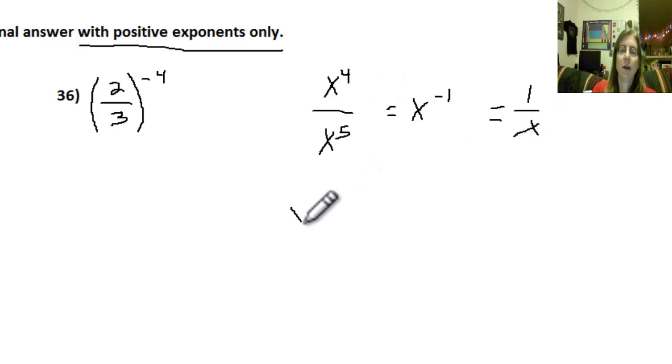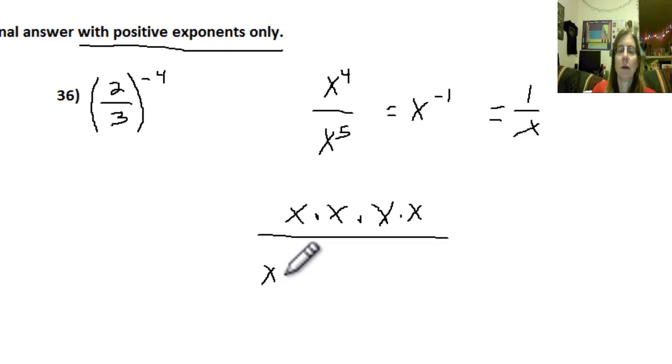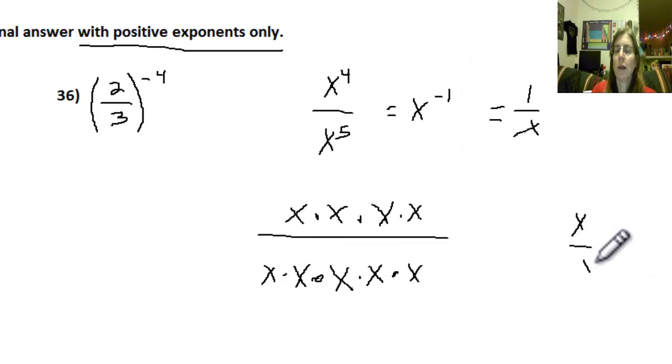So this is x times x times x times x, that's x to the 4th power, divided by x to the 5th power. Because of the rule, any number over itself equals 1, and that includes letters, like 2 over 2 equals 1, x over x equals 1.